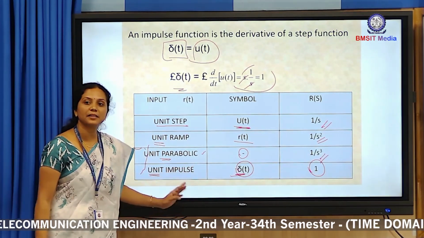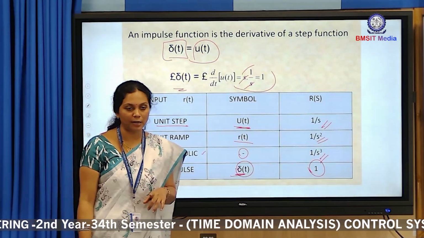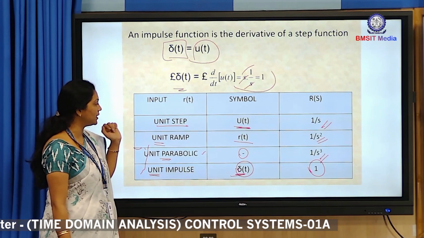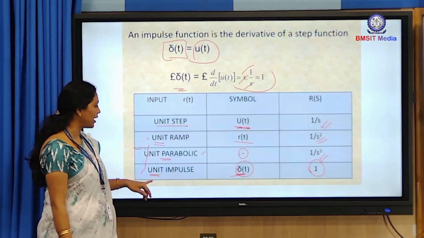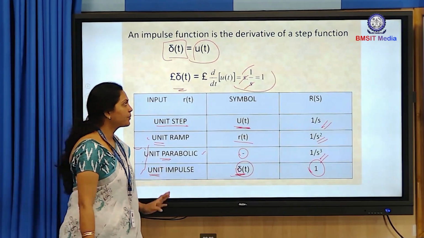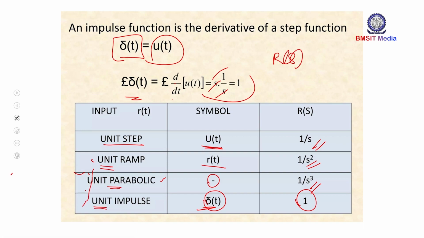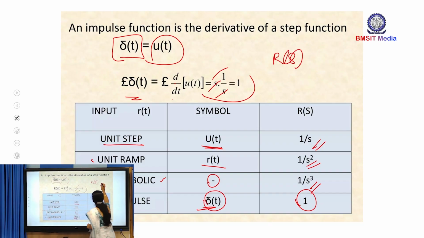Only if we remember this will it be easy to solve the problems, because in the problems they may tell you that the input is unit step, ramp, unit parabolic or unit impulse. Then whenever you consider r of s, it should be considered with respect to these. If it is unit step, r of s is 1 by s.